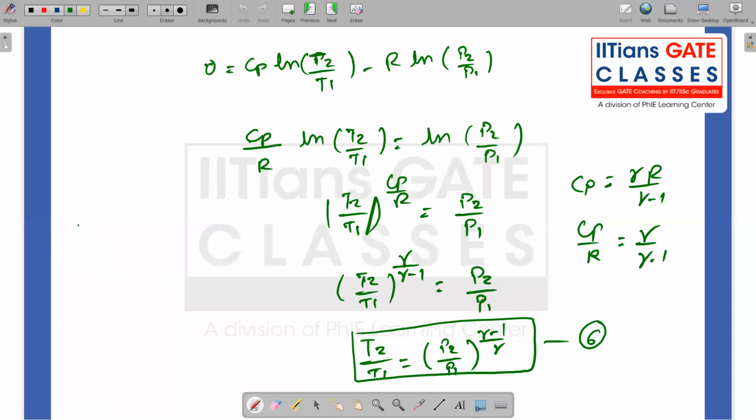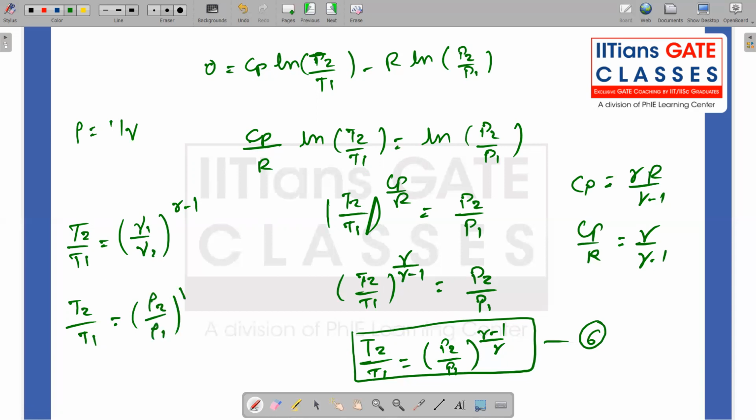So the other relation we had is T2 by T1 is equal to V1 by V2 to the power of gamma minus 1, or I know that rho is equal to 1 by V. So I can also write this as T2 by T1 equal to rho 2 by rho 1 to the power of gamma minus 1.